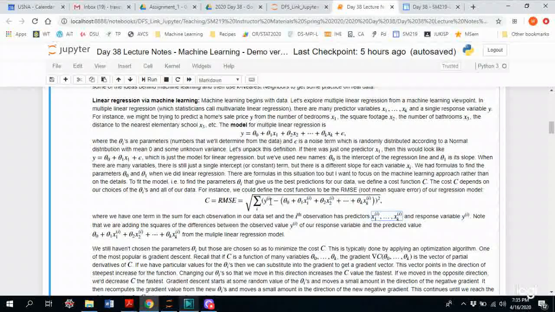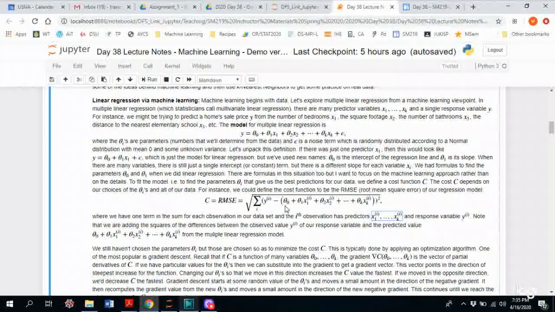I've put it in little brackets to indicate that this is coming from the ith observation. So this is the response variable that we see in the ith observation in our data set. And these numbers, x1 to the i, x2 to the i, these are the predictor variable values for the ith observation in our data set as well.